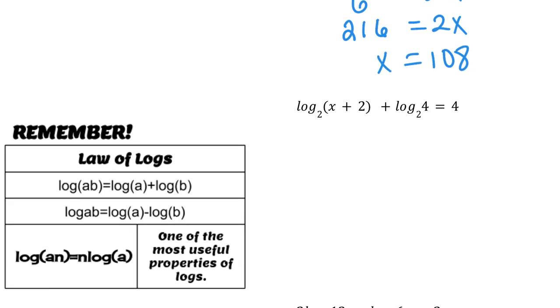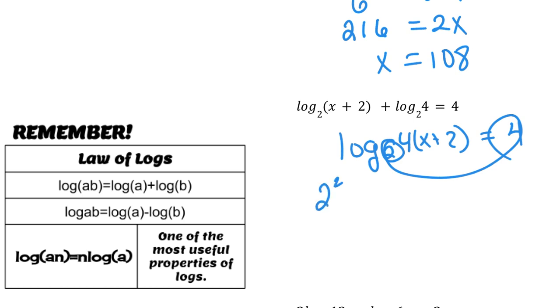Okay, so here we go. We got another one. Once again, we got multiple logs, so we can't lasso it yet. We're going to have to put them together. So we're going to do log base 2 of. Now we can lasso it, so we can say 2 to the 4th equals 4x plus 2. What's 2 to the 4th?